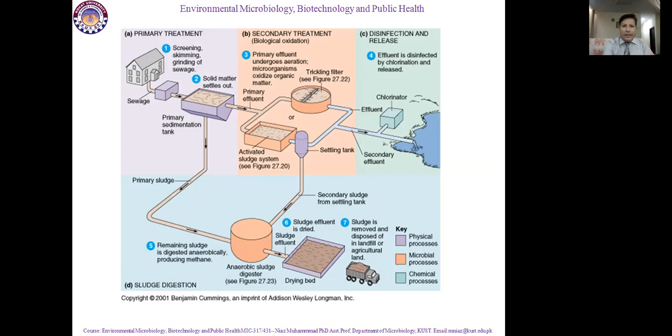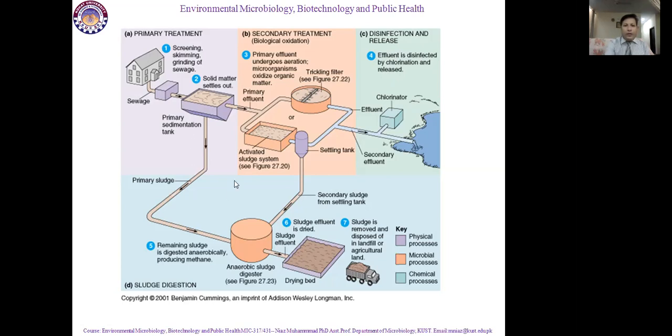Second is biological treatment, in which we are decomposing all available organic material with the help of microorganisms. And in the third step, which is chemical treatment, we are adding some chemicals to kill the microorganisms in the water, and that water we are now able to send to the environment for use.